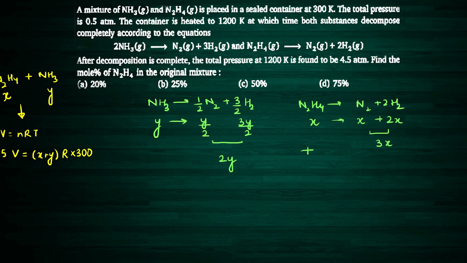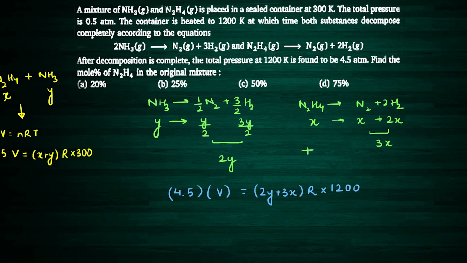The ideal gas equation now would become the final pressure, which is given to be 4.5 atm on increasing the temperature, into volume, all of this happening in that very same container, is equal to n, the total number of moles, that is 2Y plus 3X, into R into the temperature, which is given to be 1200.